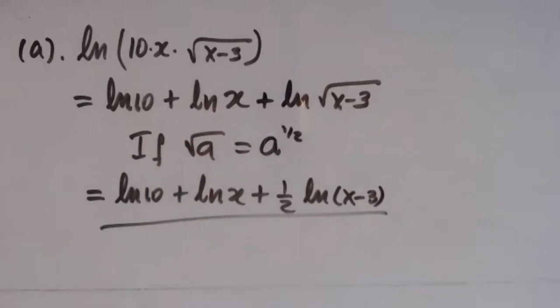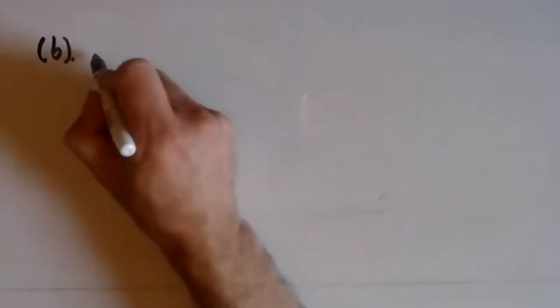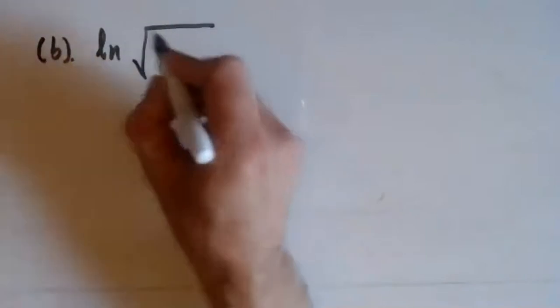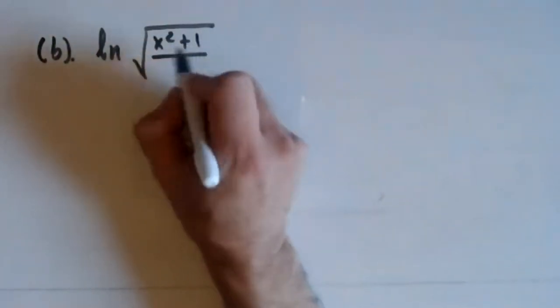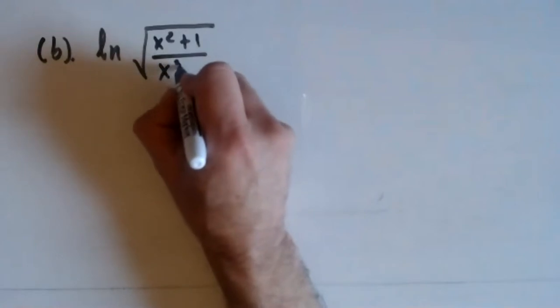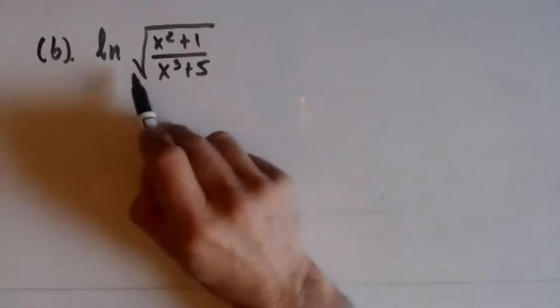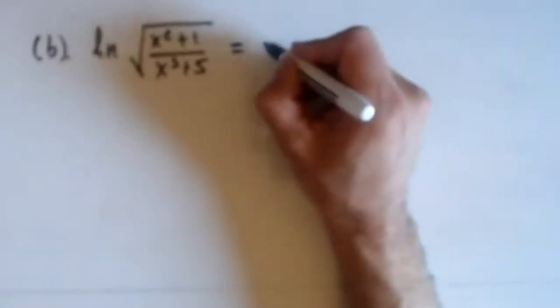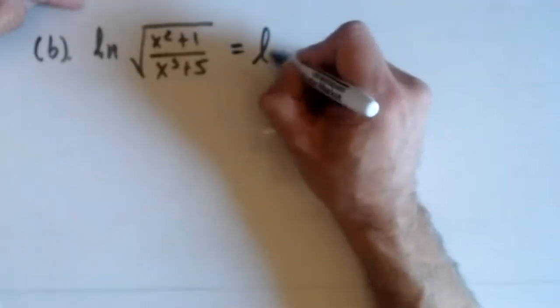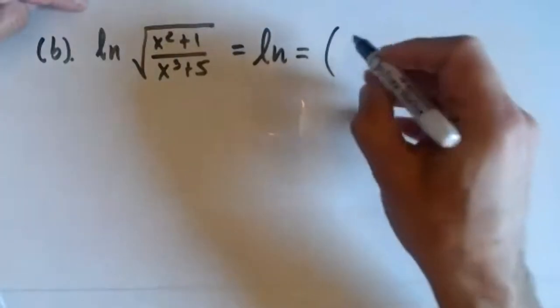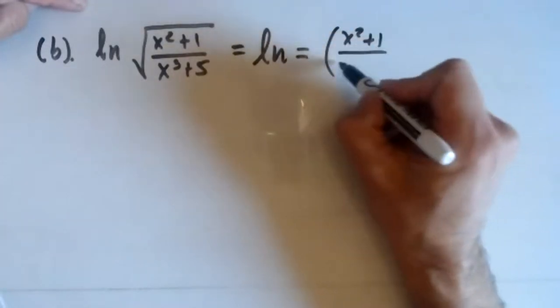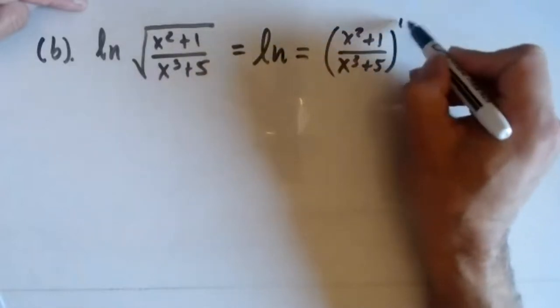Okay, another problem, a little bit more complex. Suppose we now have B: ln of the square root of x squared plus 1 over x cubed plus 5. Now, remember, the square root is a power. So this is the same as the natural log of x squared plus 1 over x cubed plus 5, to the 1/2.